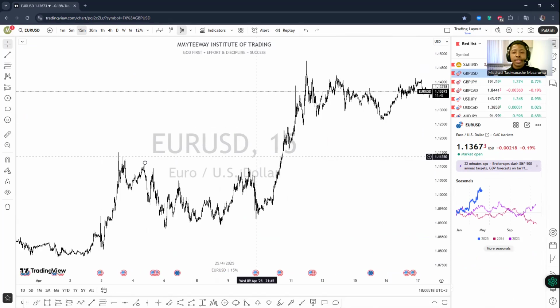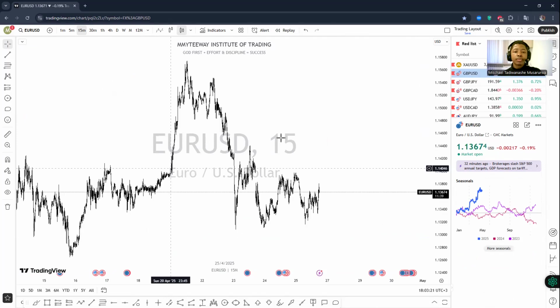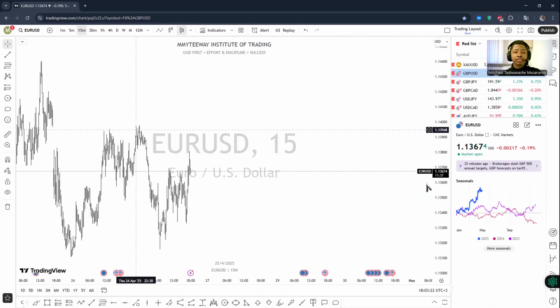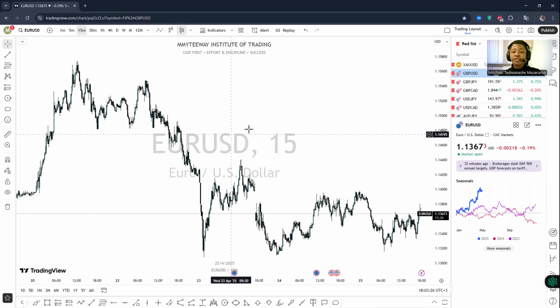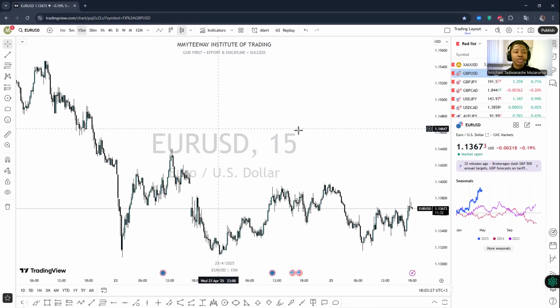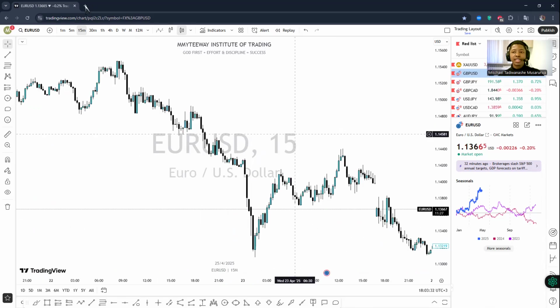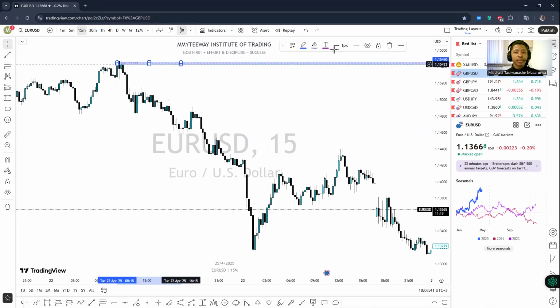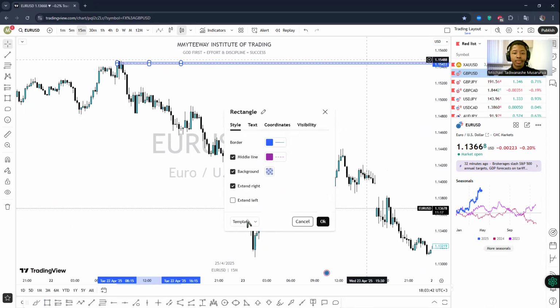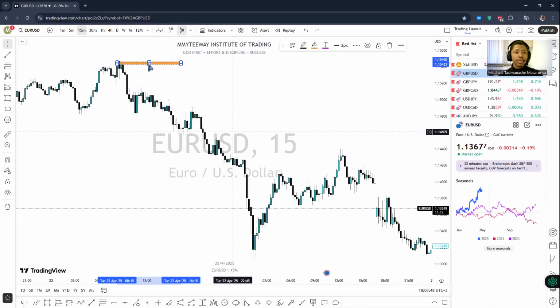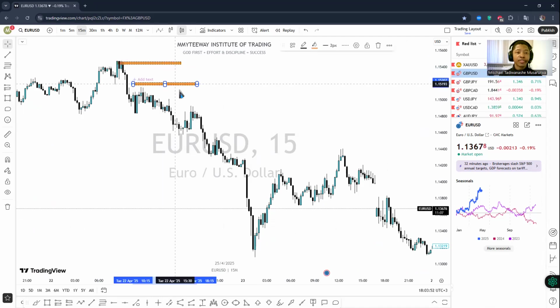Yeah, this is a very good example. So for example, right here, if my EMAs are showing that it's a downtrend, right, I can come and start drawing my resistance levels in the 15 minutes.